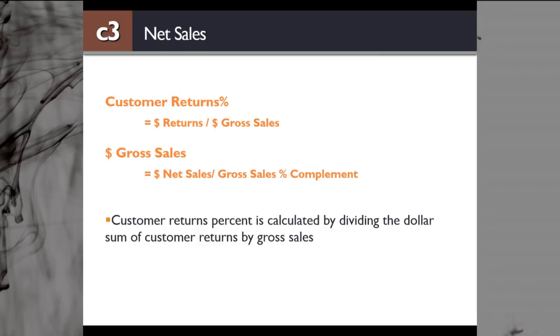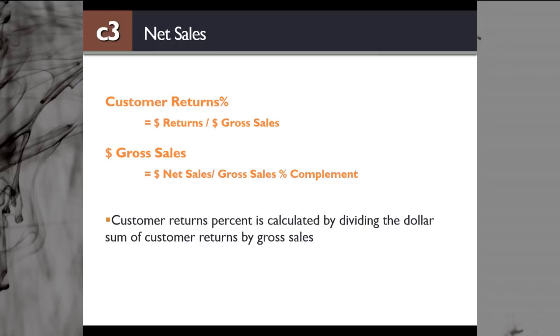I said when you calculate the percentage of other parts in the profit and loss statement, you have to use the net sales as the denominator, but only for customer returns, when you calculate the customer return percentage, you need to use the gross sales as the denominator. So that will be the dollar amount of the customer returns divided by the dollar amount of the gross sales.